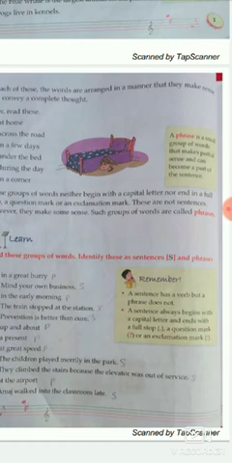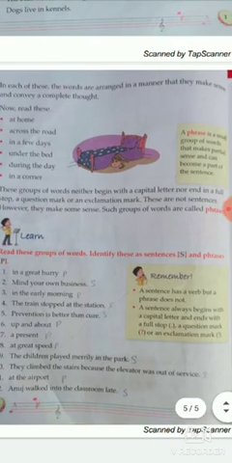A phrase is not a sentence because it is not a complete idea with a subject, verb and a predicate. Okay. So students, for example, in the park, at night, under the tree, on the chair.